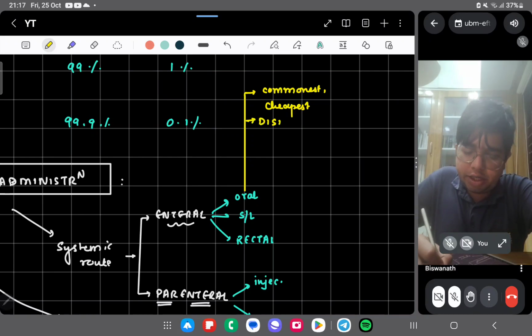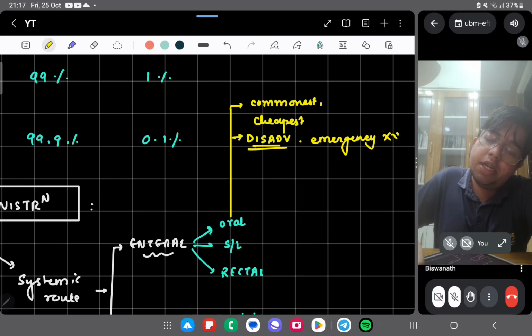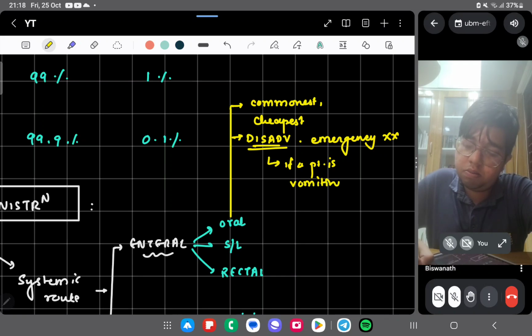What is the disadvantage? In case of emergency, you can't use it. Can you use oral route in emergency? Will you give a tablet to a patient who is in coma? Say no. If a patient is vomiting, can you use oral route? No. If a patient is unconscious, can't use.